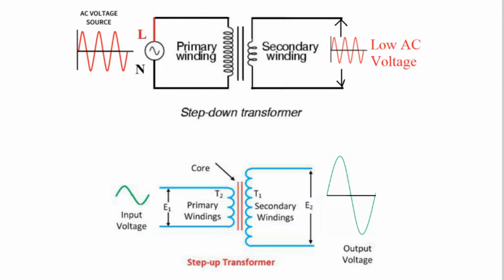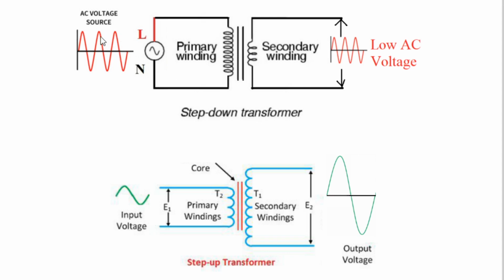And here we have given two examples. The first example is the step down transformer. In a step down transformer, all of you know that the number of turns in the primary, which is called winding in the primary, is large, and the number of turns in the secondary is small, and that is called a step down transformer.